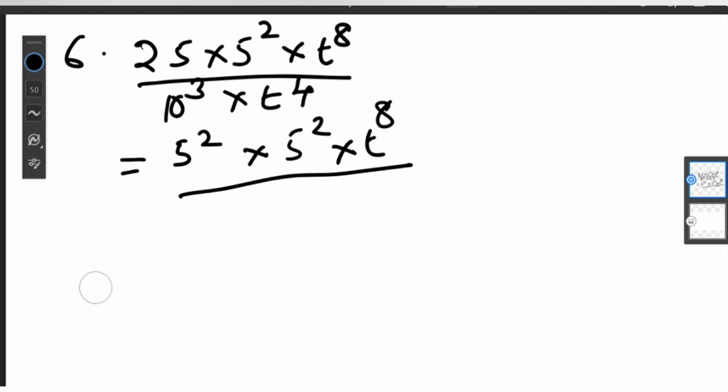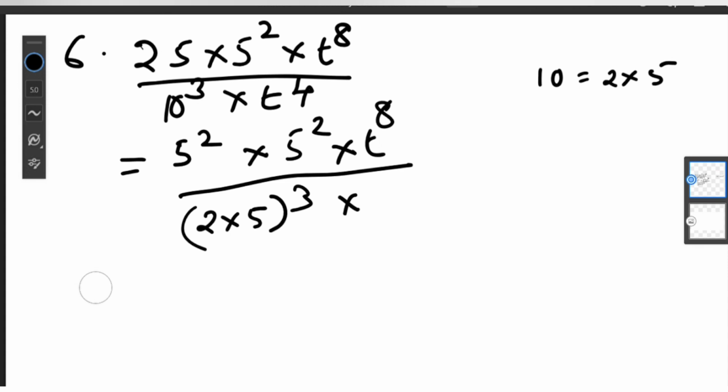So how can we write this? 25 can be written as 5 square, 5 into 5 is 25. Again 5 square into t to the power 8, by, how can we write 10? 10 is written as 2 into 5, (2 into 5) whole cube, into t to the power 4.